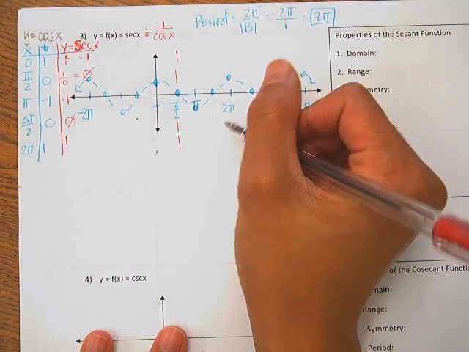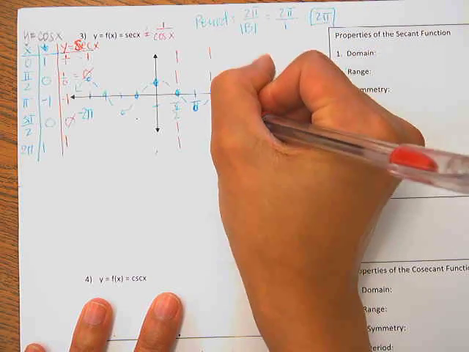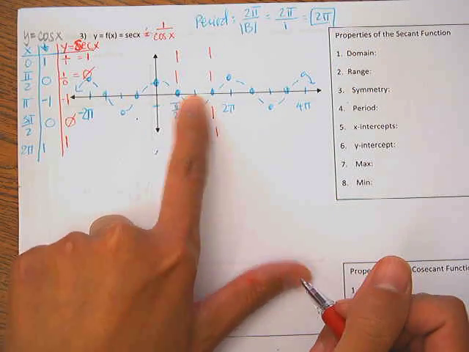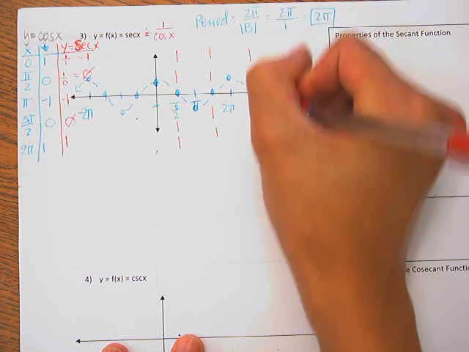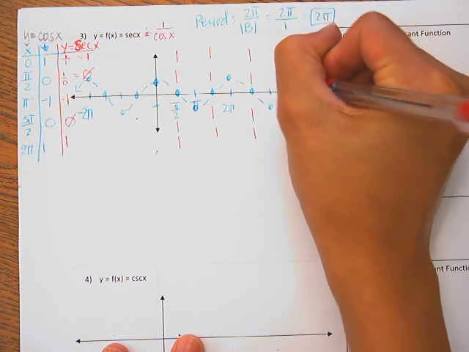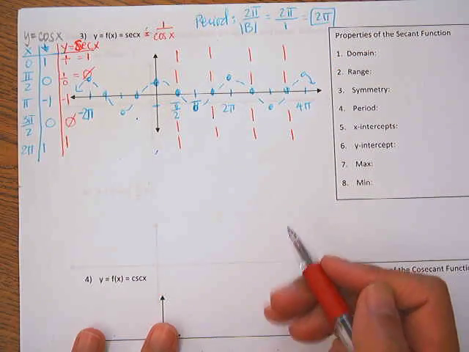Then I have another zero at 3 pi over 2, which is right here. Anytime cosine is on the x-axis, secant has an asymptote, because when you take the reciprocal of 0, the 0 ends up in the denominator, and you can't have that, so it becomes an asymptote.